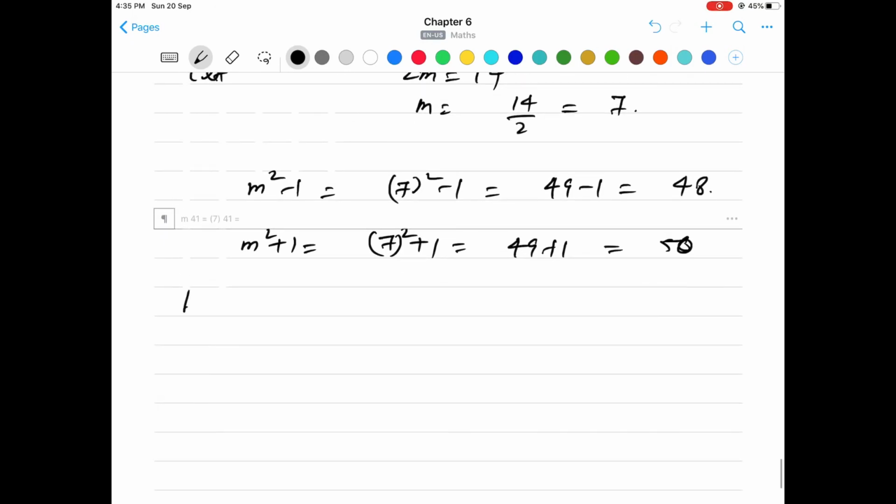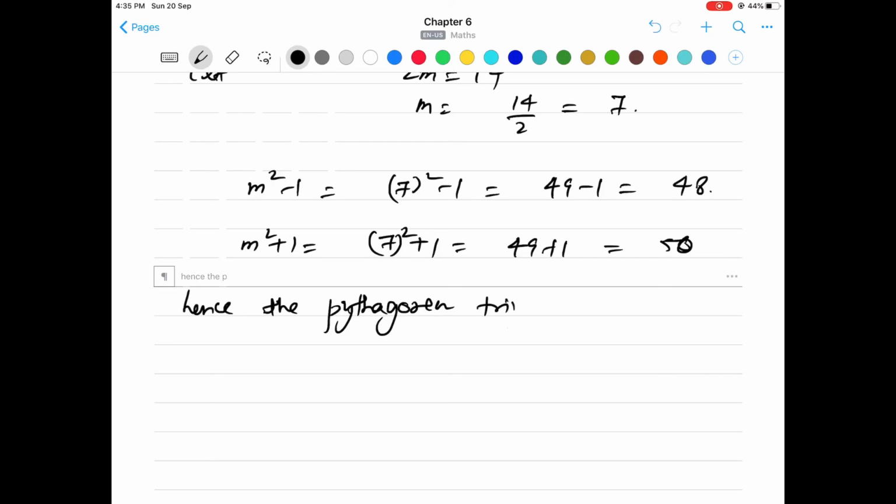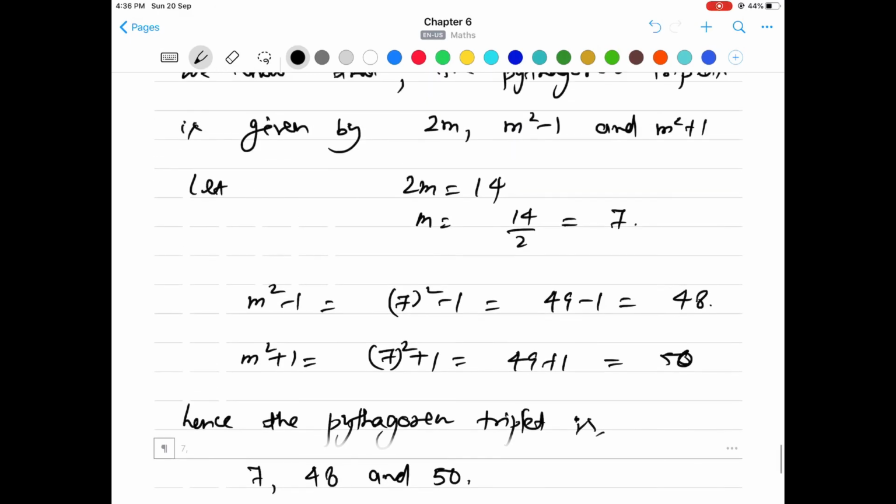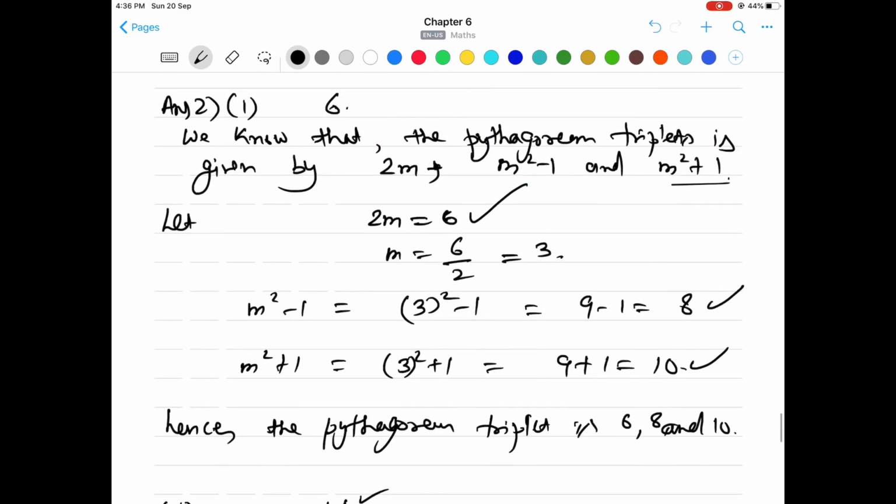Hence the Pythagorean triplet is 7, 48 and 50. Okay, so that's the answer of part second of question number 2.